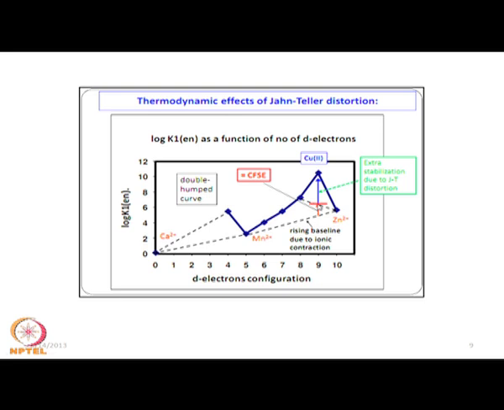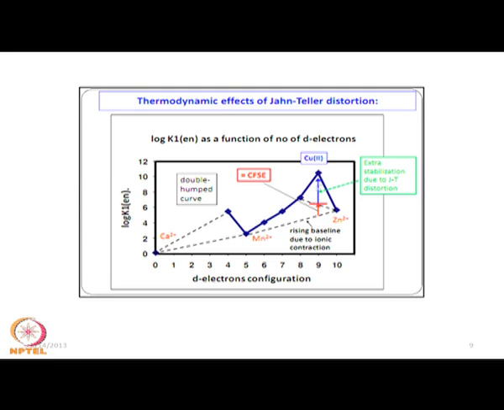But experimentally this value is much higher, close to 10, and this increase from about 6 to 10 is due to the Jahn-Teller distortion. So, the stabilization we get experimentally, which can be verified by determining the log K1 value for the binding of ethylenediamine to the copper center, is due to the extra stabilization from the Jahn-Teller distortion.